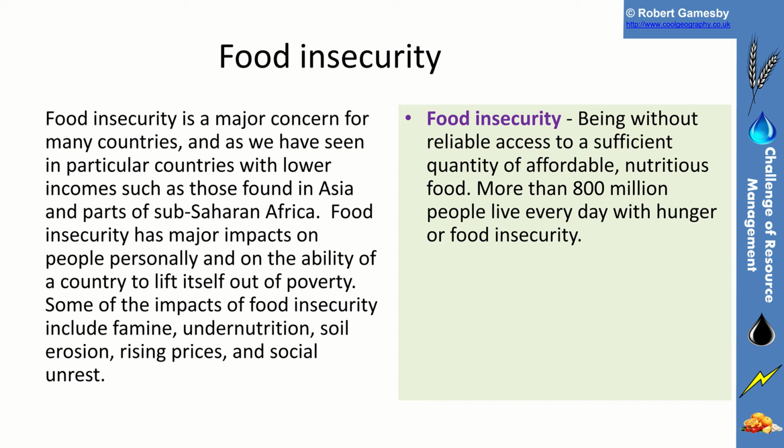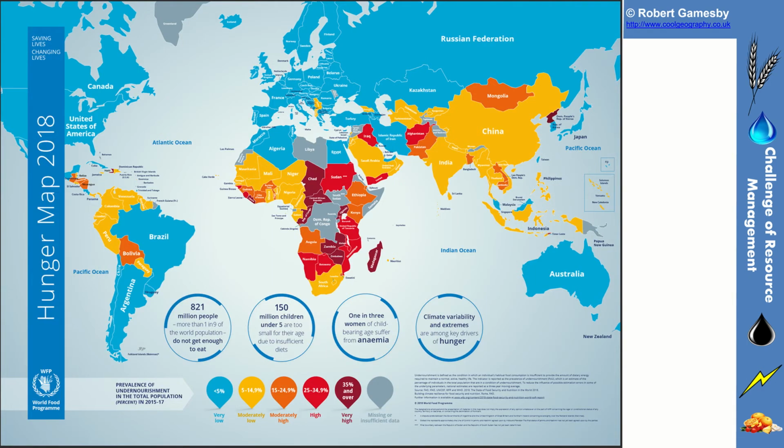And the impacts that we're going to consider are famine, undernutrition, soil erosion, rising prices and social unrest or social conflict.